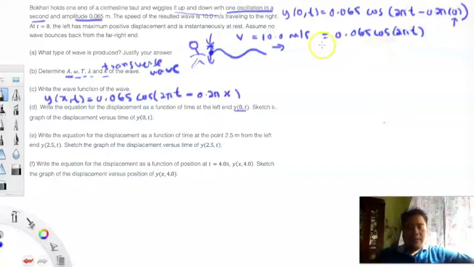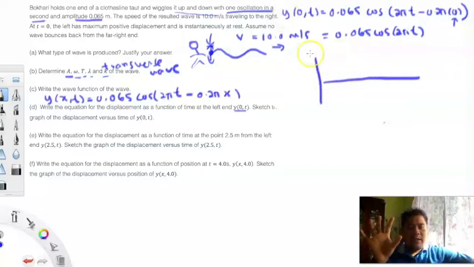So now we have the equation for the particle here. What is the graph? To sketch the graph, we want to sketch y versus time. The period of the oscillation is 1 second, as we calculated before.